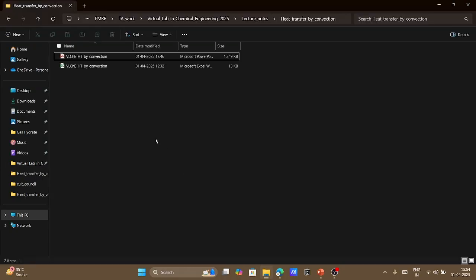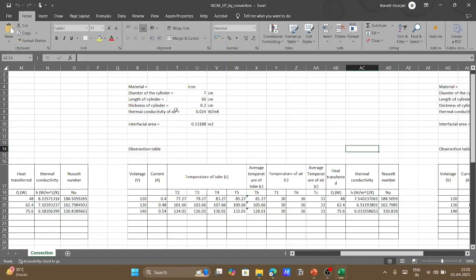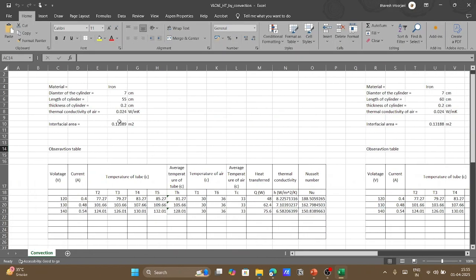So let's look at the preloaded examples that I have. Here, the material that I have selected was iron, and these were the material's properties: the thermal conductivity of air, and the area, which is pi dL, and I have converted it to meter square.